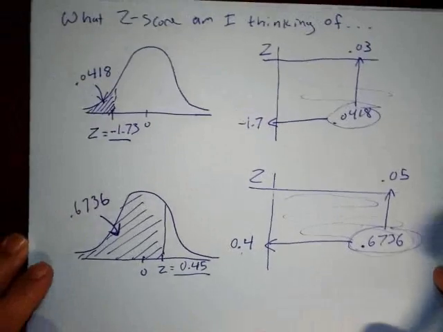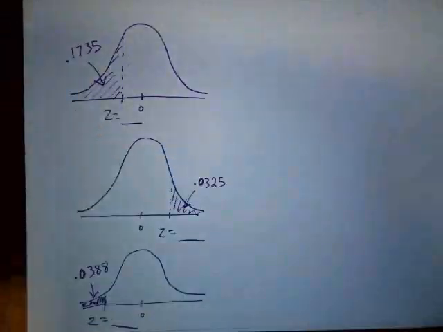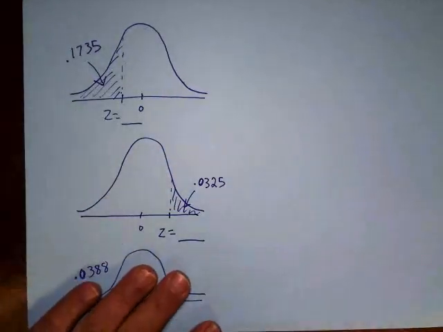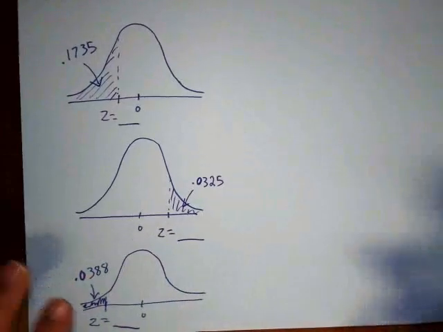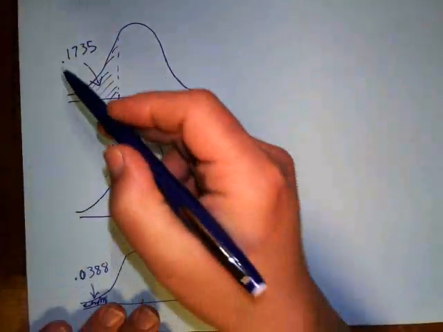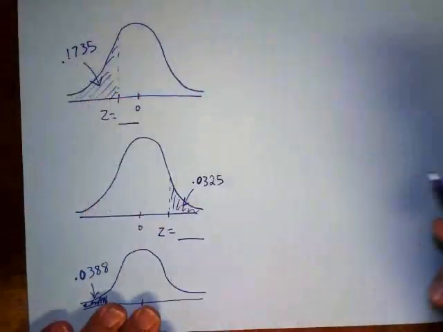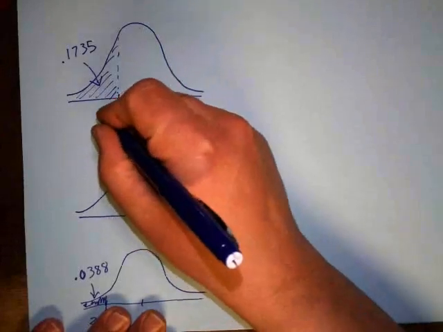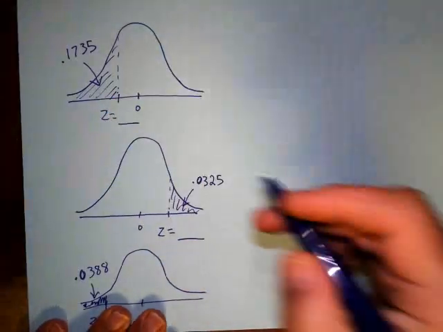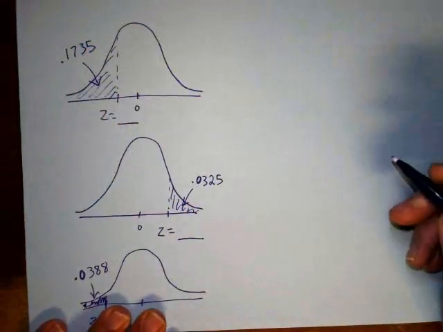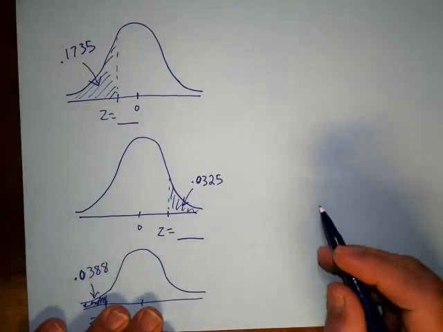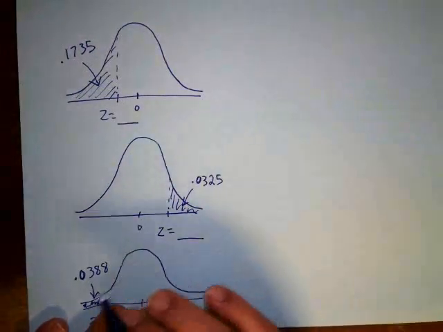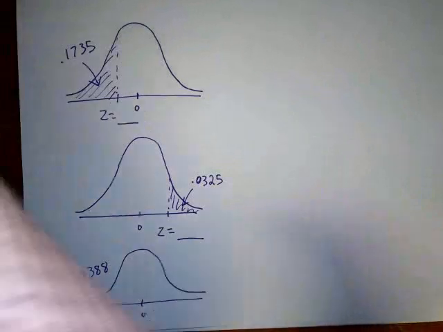Okay, so now we're going to make this just a little harder. I'm going to have some numbers that are not necessarily on the table. It'll be an area, and what I want is some Z-score that gives me this area below it. Of course, there are gaps between the numbers on this table.